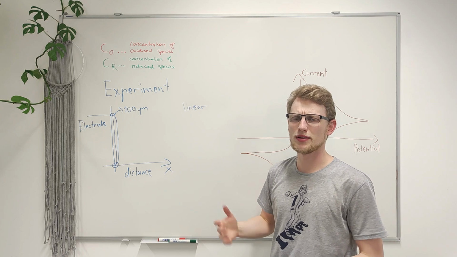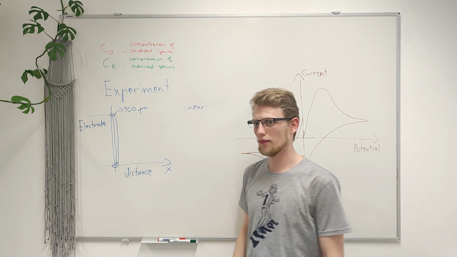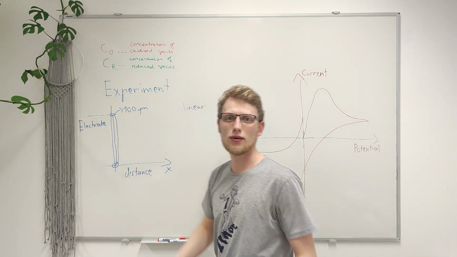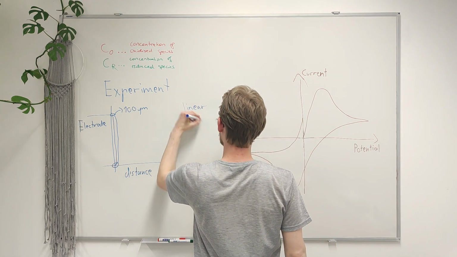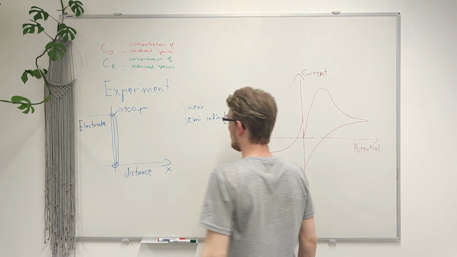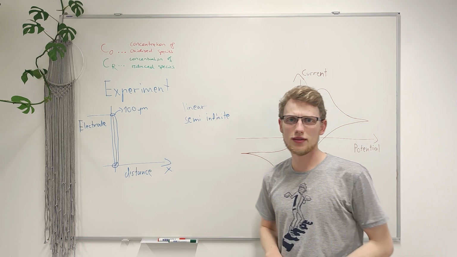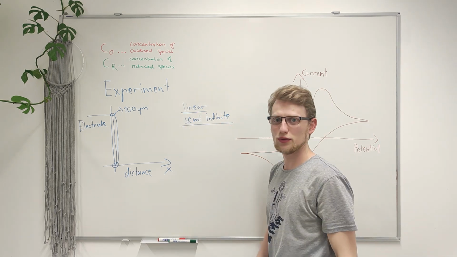You can just describe it as a semi-infinite system. The semi comes from the fact that at one side it's just blocked by the electrode. We call this semi-infinite. And therefore the model that we use to describe this is called linear semi-infinite diffusion.